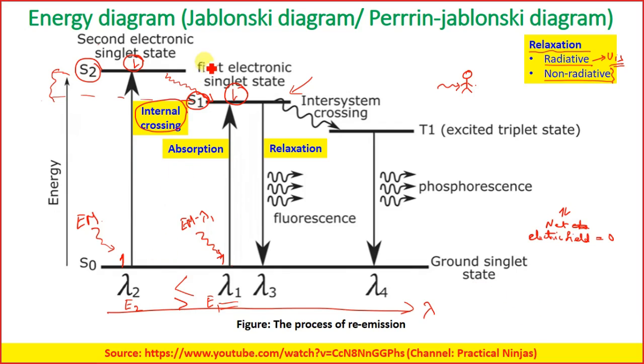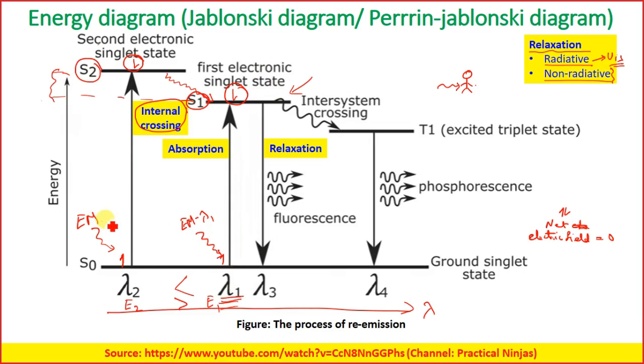It will initially go to a higher electronic singlet state, and then through the internal crossing it will come to the lowest electronic singlet state, and from there it may show the relaxation process. Or directly it may absorb a lower amount of higher wavelength electromagnetic radiation, and it will directly go to the first electronic singlet state.